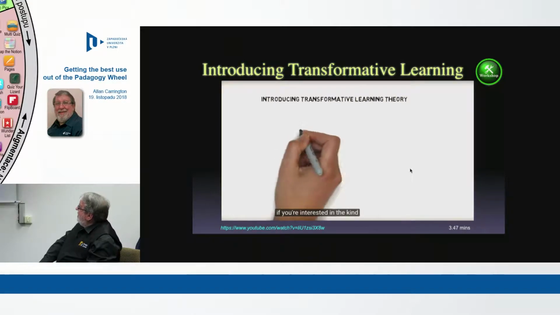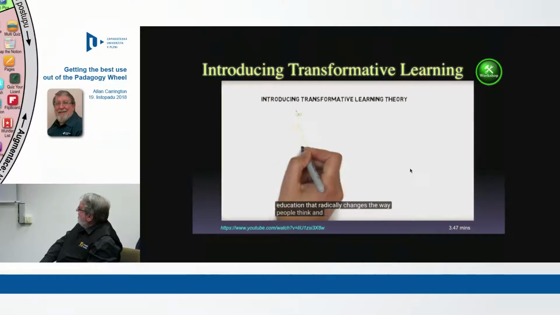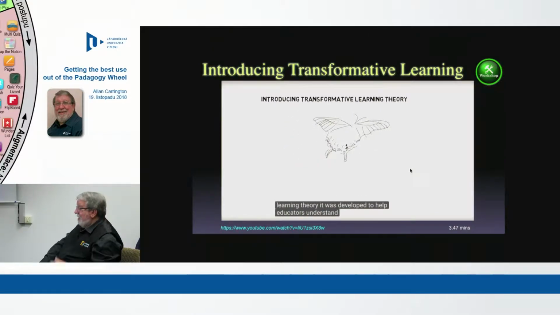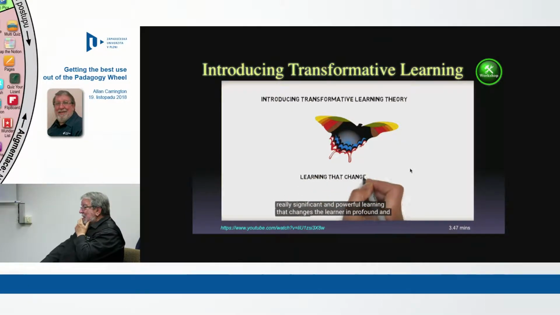If you're interested in the kind of education that radically changes the way people think and the way people feel, then it's worth exploring transformative learning theory. It was developed to help educators understand the nature of really significant and powerful learning that changes the learner in profound and long-lasting ways.